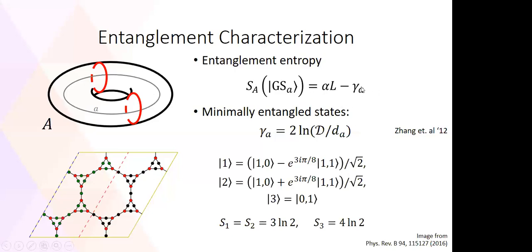This gives you this gamma A. These states are also called minimally entangled states, because if you look at these states and perturb them locally, you will necessarily get a higher entanglement entropy. So they are locally minimally entangled states.